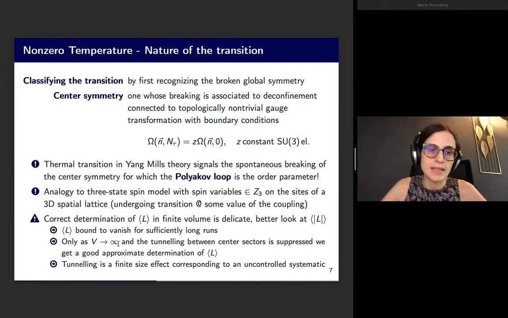And only in that case we can get a good approximate determination of the expectation value of L. But we need to live with tunneling because we simulate at finite boxes, and this is a finite size effect which corresponds to an uncontrolled systematic, and therefore we should look at the absolute value instead.